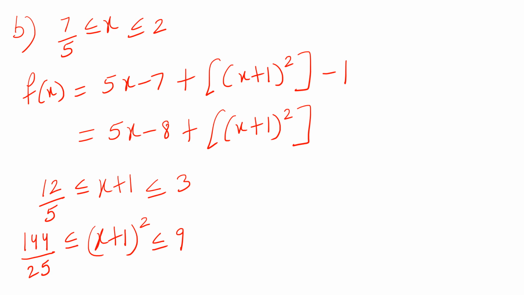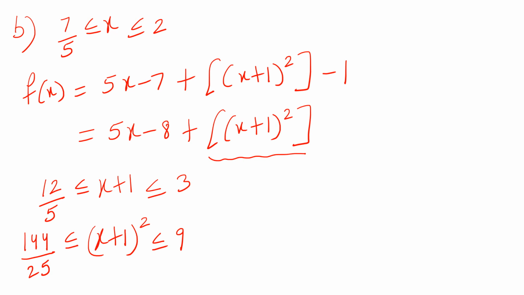That means [(x + 1)²] will get broken whenever (x + 1)² becomes an integer. For example, when (x + 1)² becomes equal to 6, or when x is equal to √6 - 1, then f(x) becomes discontinuous. Now at this stage, we notice two very important points.